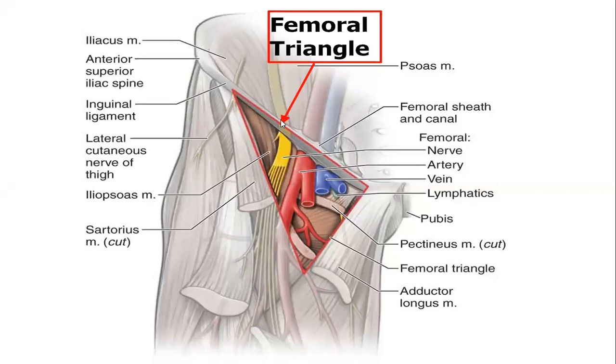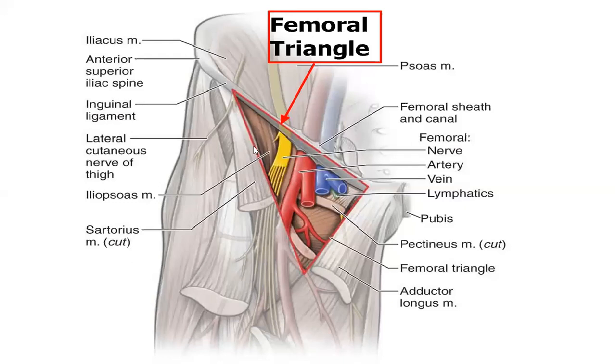Base is formed by the inguinal ligament that is extending superiorly from the anterior superior iliac spine till pubic tubercle. Laterally, the lateral boundary is formed by which muscle? Sartorius muscle.